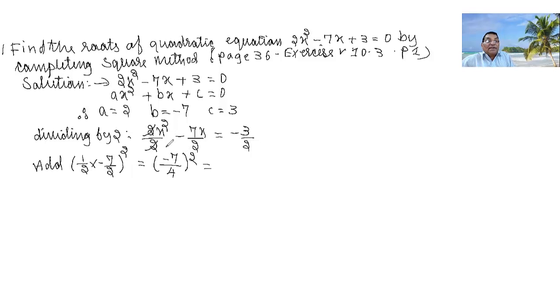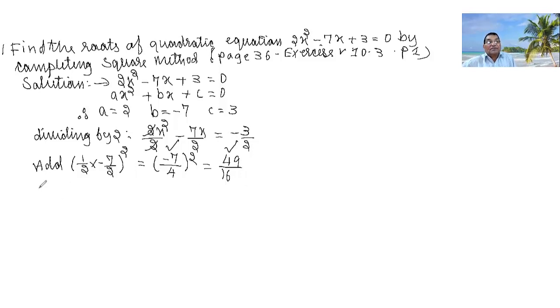This should be added on the LHS and the RHS. Minus 7 square is 49 and 4 square is 16.